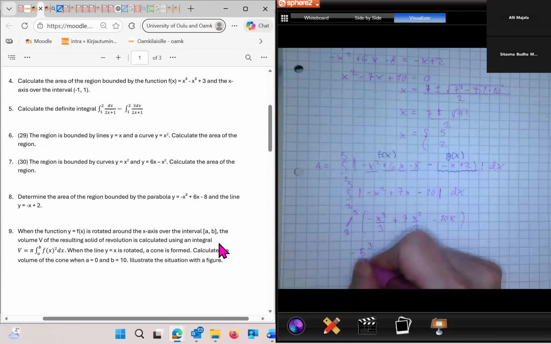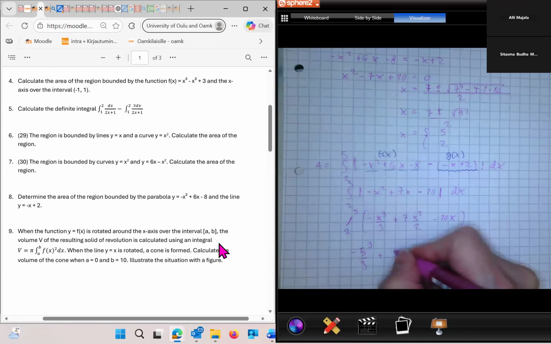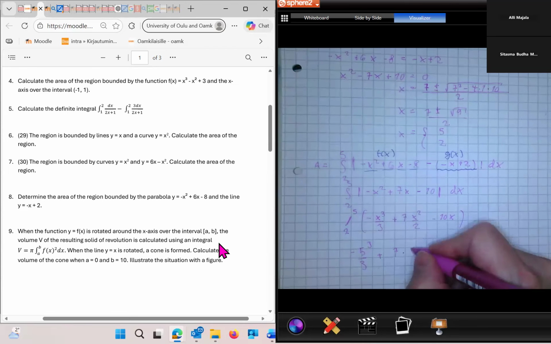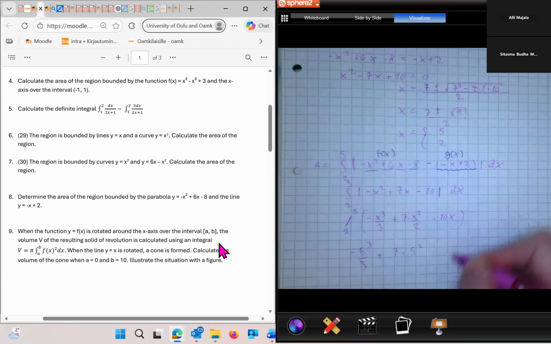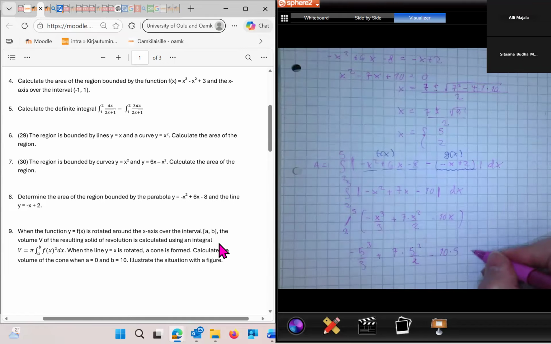This doesn't look that nice. Minus 10 times 5. And still I have to subtract this with the value 2.